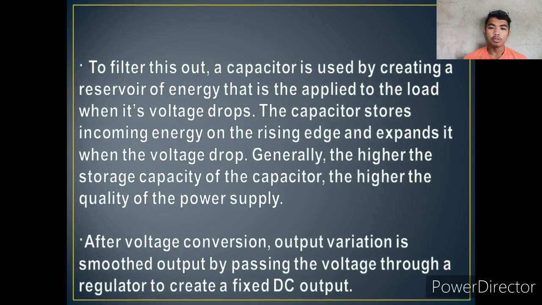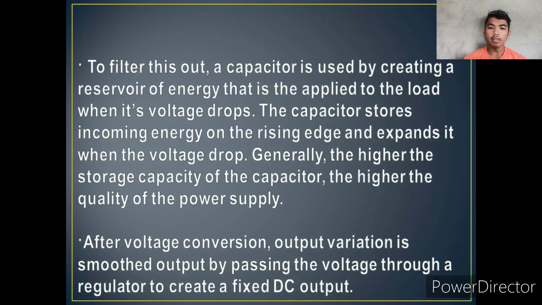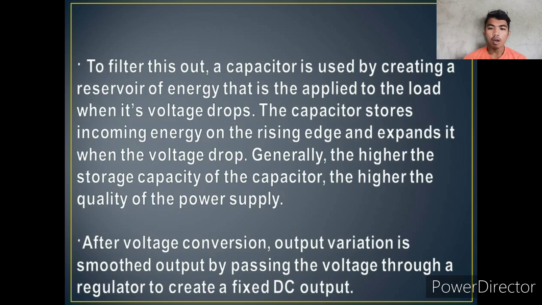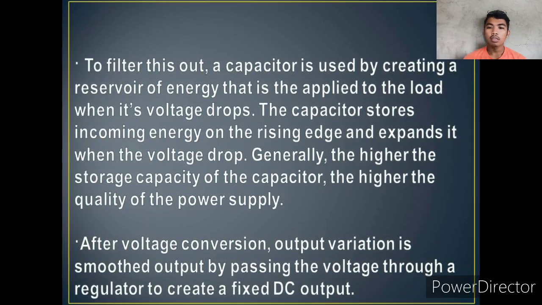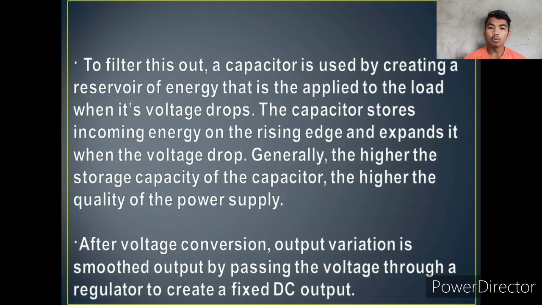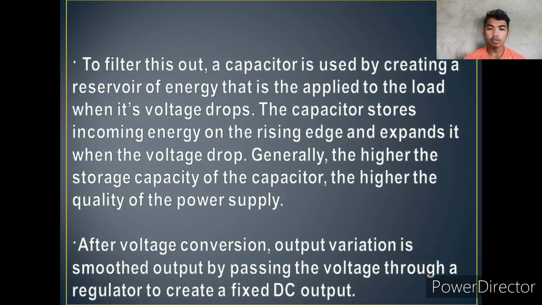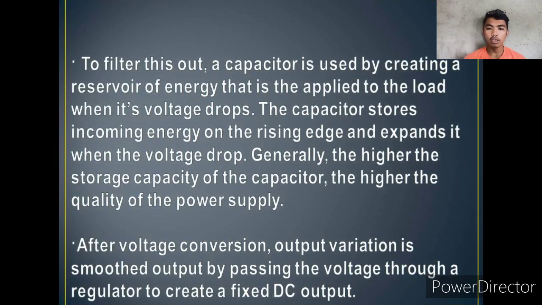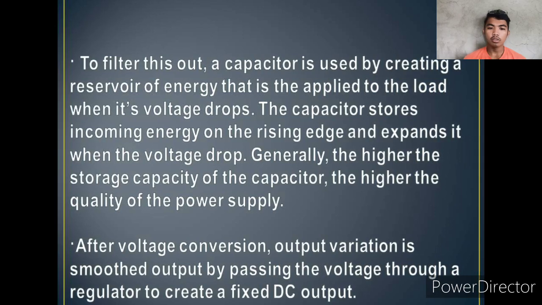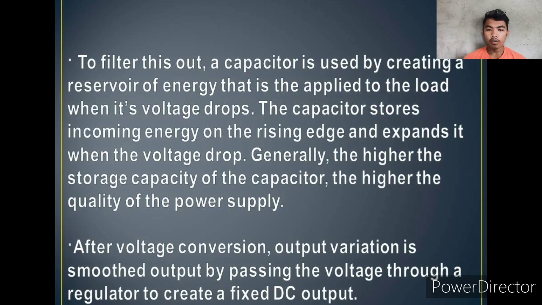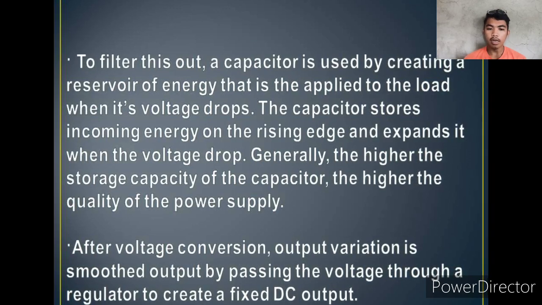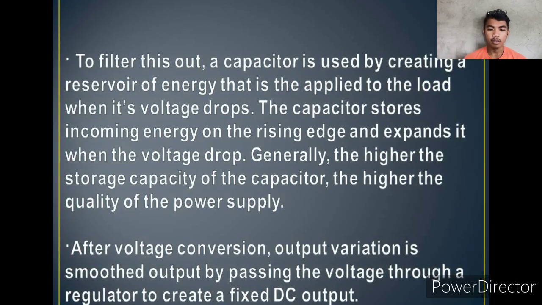To filter this output, a capacitor is used, creating a reservoir of energy that is applied to the load when its voltage drops. The capacitor stores incoming energy on the rising edge and releases it when the voltage drops. Generally, the higher the storage capacity of the capacitor, the higher the quality of the power supply.